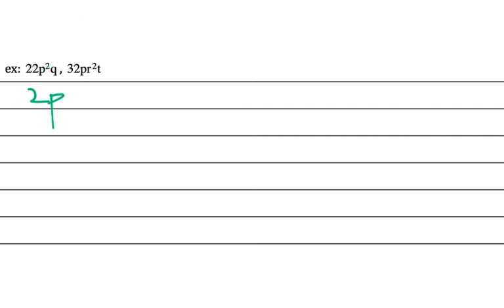Then I move on to the letter Q, and I see Q on the left side, but not on the right side. So even though you might want to write Q down, that would be incorrect because both of them don't share a Q. I move on to R. Well, there's no R here, but there is on the other side, and the same deal for T, so that just doesn't work. So of all this problem, the only thing I can pull out as the greatest common factor is 2p.